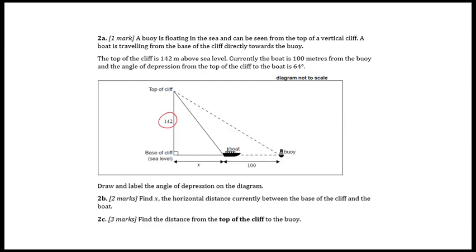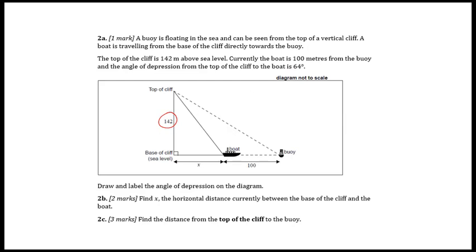This is a cliff. Currently, the boat is 100 meters from the buoy, and the angle of depression from the top of a cliff to the boat is 64 degrees.